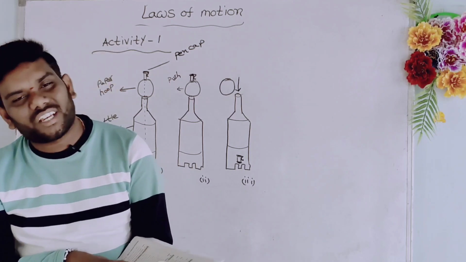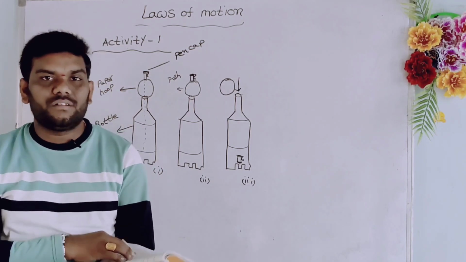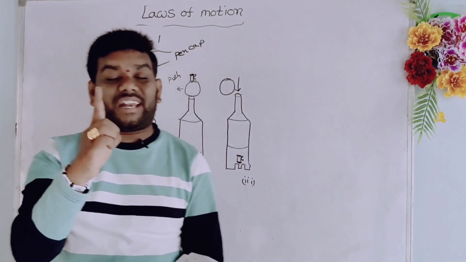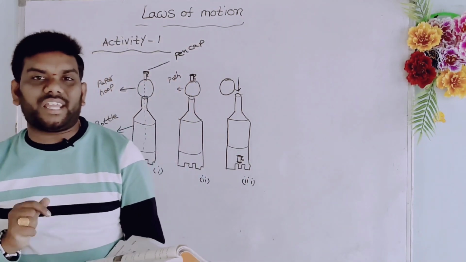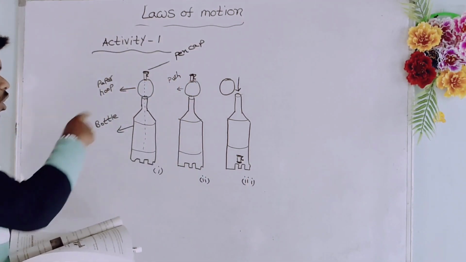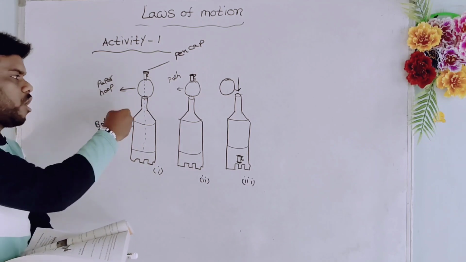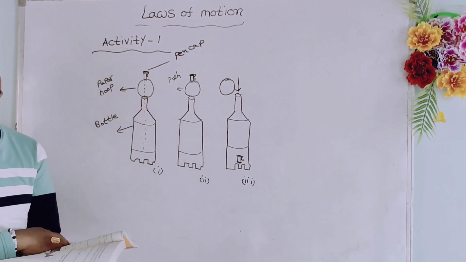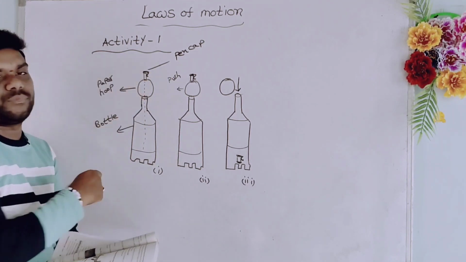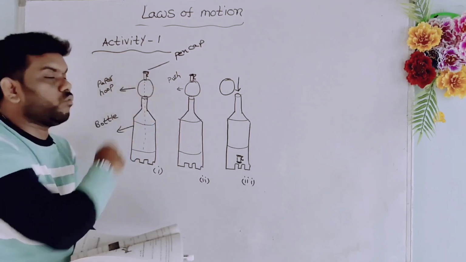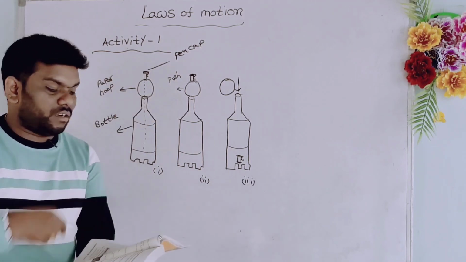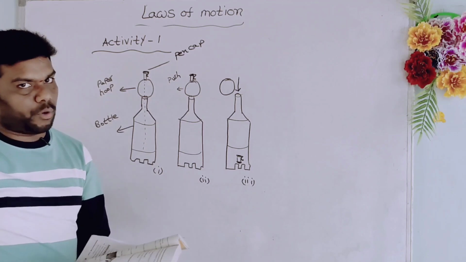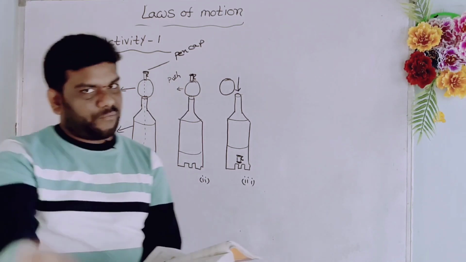Once again, make a circular ring from a thick paper. Now balance the paper ring on the center of the mouth of the bottle. Now balance the pen cap on the paper ring. Give the paper ring a sharp push with your fingers.